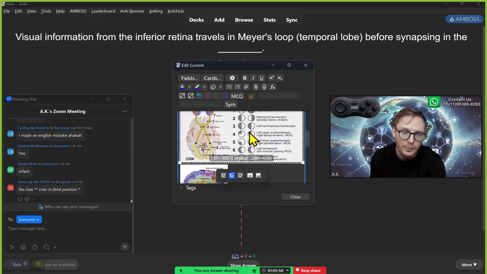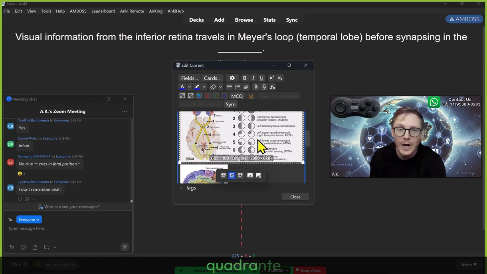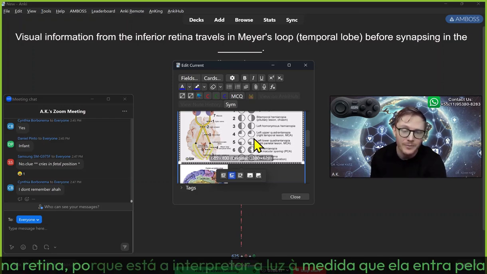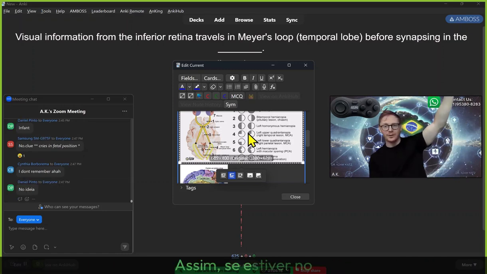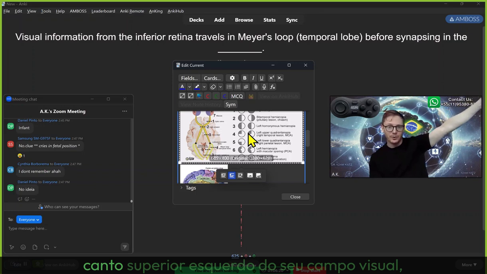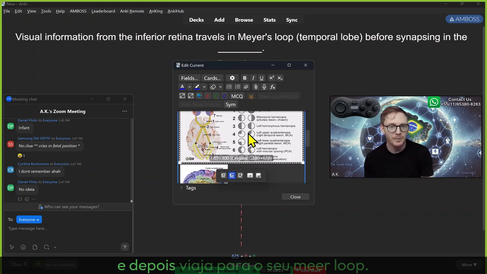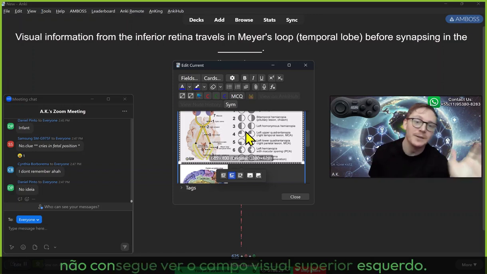When light hits the bottom right quadrant, the information will not be retained, because you're interpreting light as it comes in through the pinhole camera of your eye, and it hits the opposite side. If it's in the top left of your visual field, it's actually hitting the bottom right of your retina. Then it travels to your Meyer's loop, and because it's not intact, you're not able to see the top left visual field.